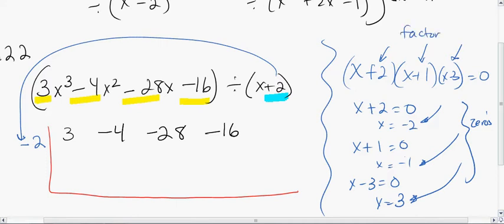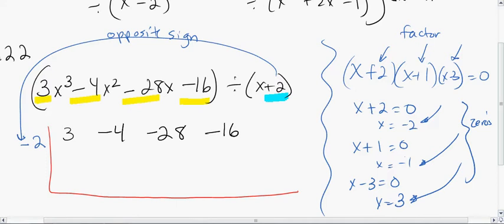So when those numbers are part of the factors, they're opposite signs from what they are when they are zeros. So when we're using synthetic division, we're going to use the sign of that number when it's a 0. So we just want to make sure that it's an opposite sign. And if it doesn't make sense to you why it would be an opposite sign for right now, don't worry about that piece.